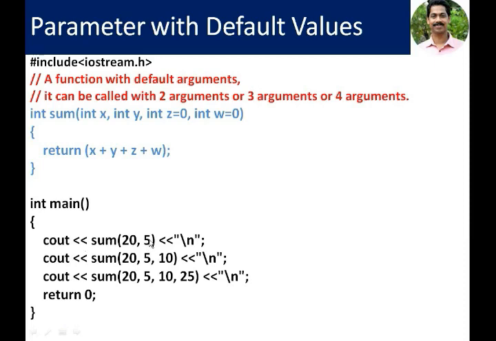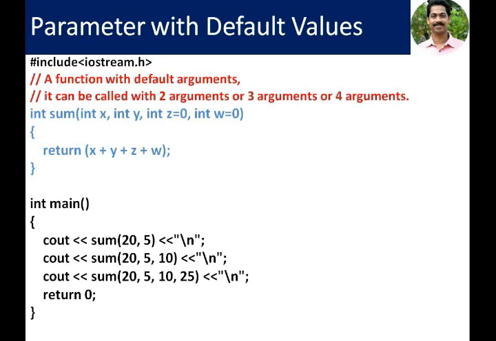Cout 25. Coming to the next statement, cout sum 20,5,10. Three values are transferred to the function. So the first value goes to x, the second value goes to y, and the third value goes to z. So the default parameter value will not be considered. Instead, 10 will be assigned to z.